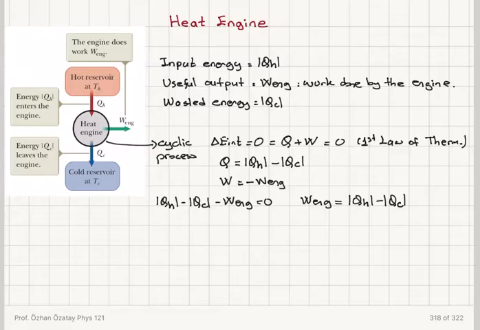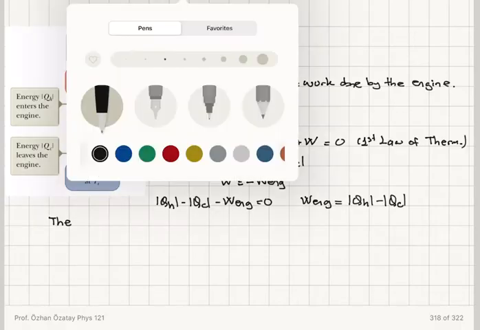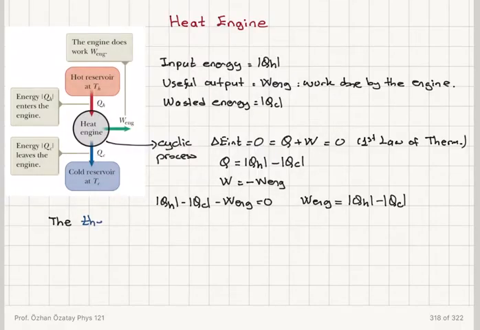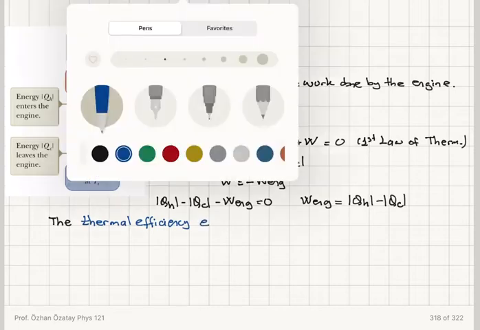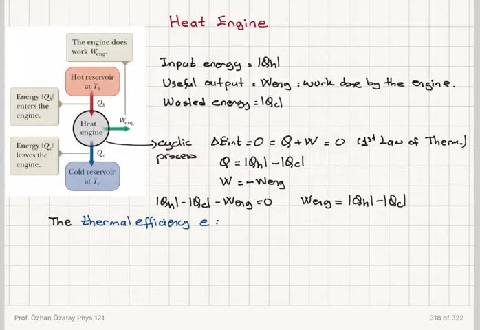And we can define the efficiency of this engine, the thermal efficiency. Basically it's an engineering parameter. So the thermal efficiency, I'm going to call it E. It's defined as the useful output divided by input.